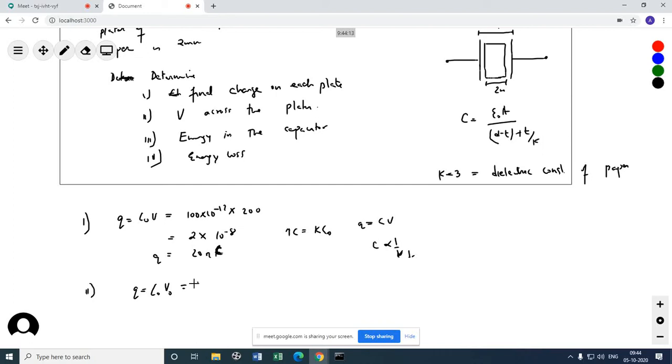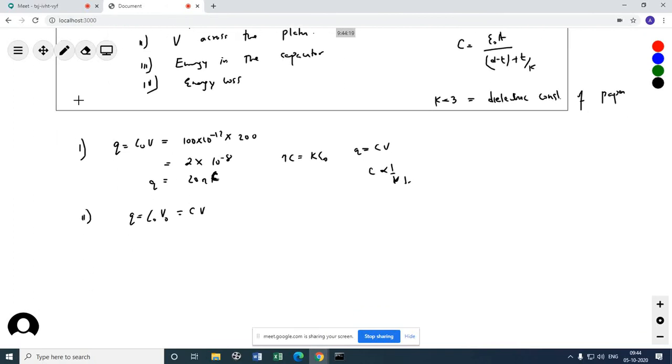Then can I write the charge, which remains the same as it is constant, as CV, where C is the capacitance of the capacitor with the dielectric constant? Are you getting the concept here?